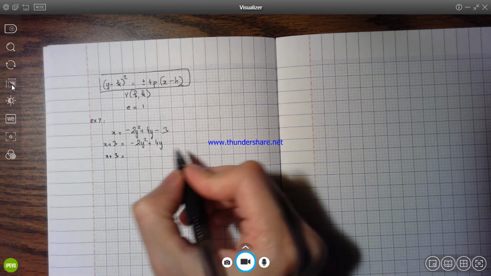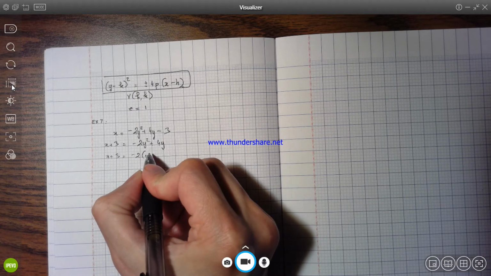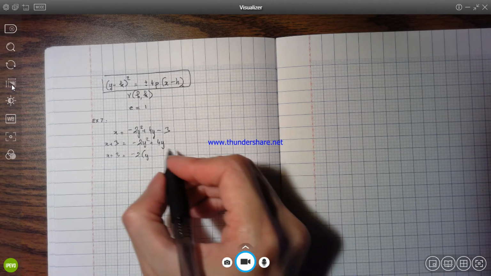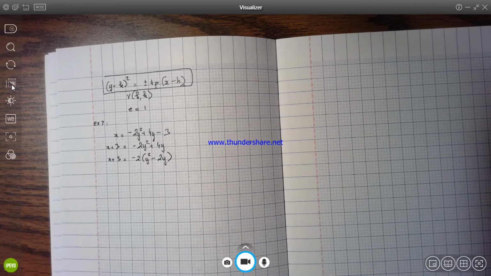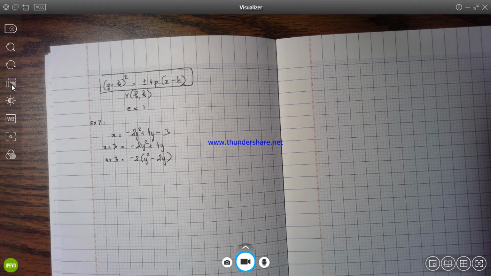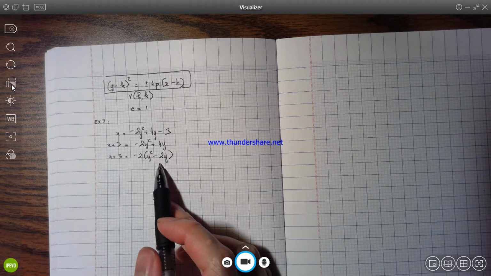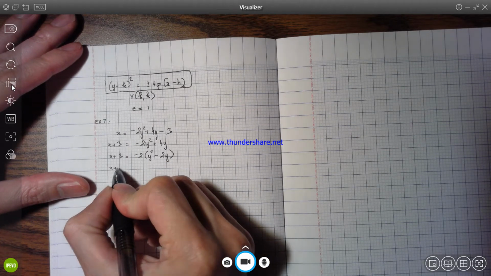Then I'm going to factor negative 2 out, and we have y squared minus 2y. Okay. And you see the y squared minus 2y, I take the middle term, 2y, divided by 2 and you square it. You remember the step we already learned in college algebra.